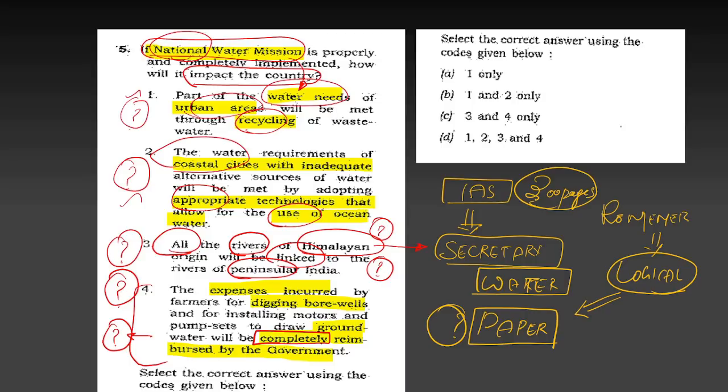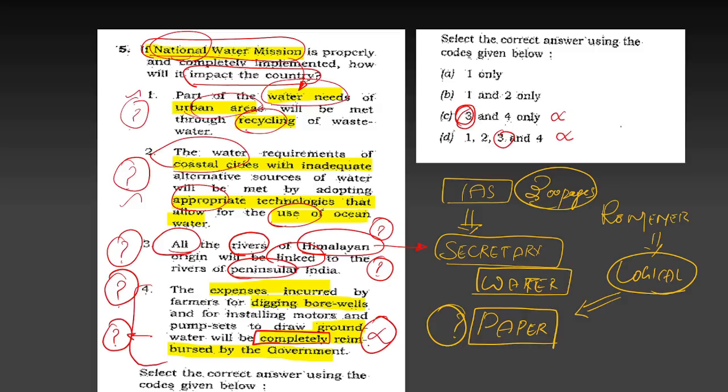That is what I said. You are a generous water secretary who has given complete reimbursement also. But as a secretary you should know it's not possible to link every river. So 3 is wrong. Am I making sense? When I remove 3, you should understand that you are not that generous, because 4 also goes with it.